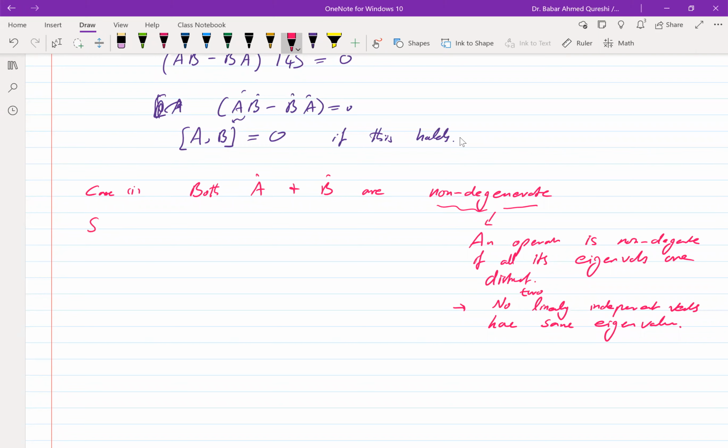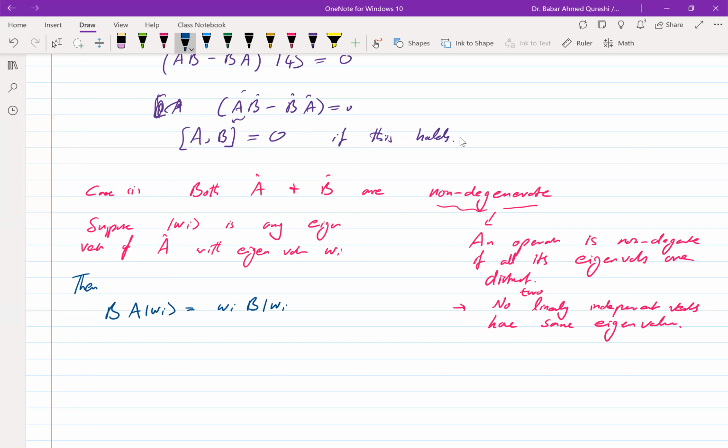So suppose Wi is any eigenvector of A with eigenvalue Wi. Then you can do this. A Wi is equal to Wi, because action of A gives you this number which comes out.